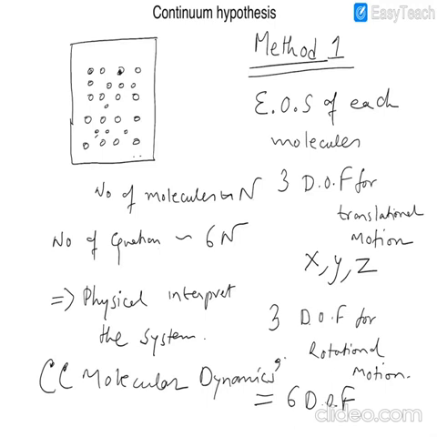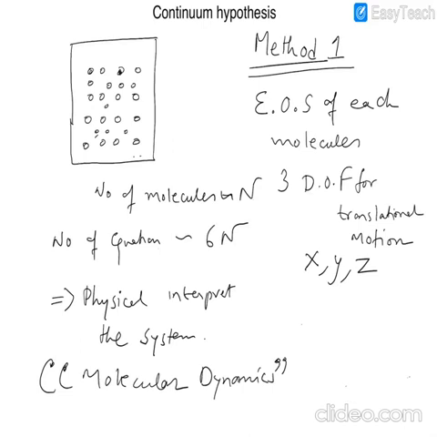But there is a small problem in that. It is easy if you are addressing a small system, but if the system is very big, then it is very difficult to address, because the number of molecules will be huge and solving it will be very cumbersome.